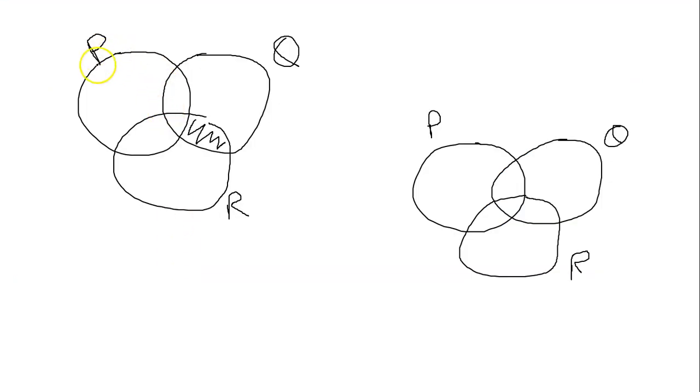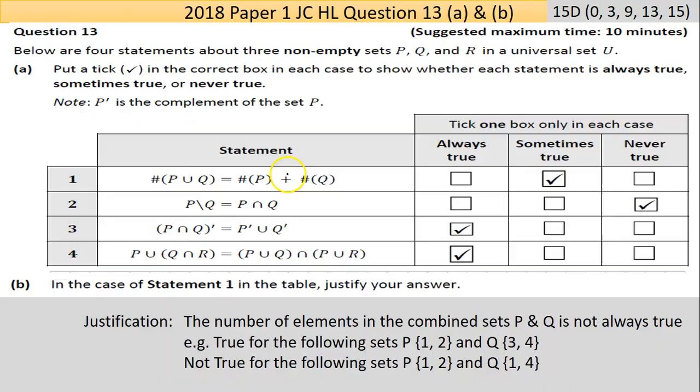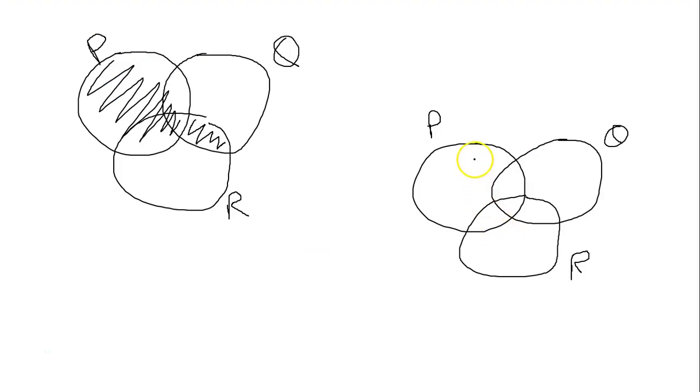So P joined with that section is all of this. Now is that bit that's highlighted there equal to, sorry, get it right, now you do inside the brackets first. I'm going to use different colors here, but P union Q would be all of this joined together.